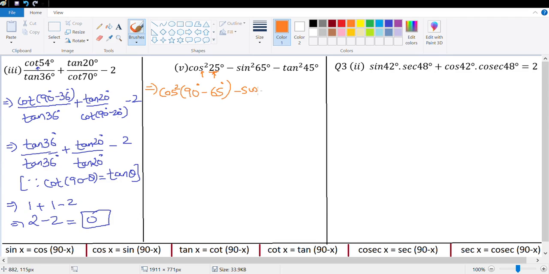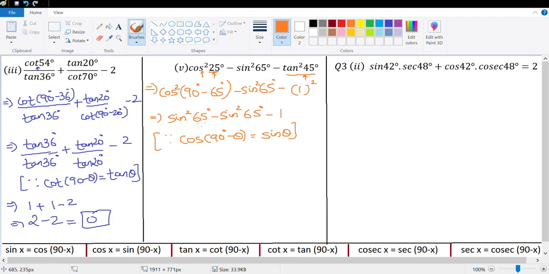The second term remains the same, minus sine square 65 degree, and I know tan 45 value is 1. So 1 square. So this is sine square 65 degree minus sine square 65 degree minus 1 square, which is 1. Now the reason for this, since cos 90 degree minus theta is equal to sine theta.